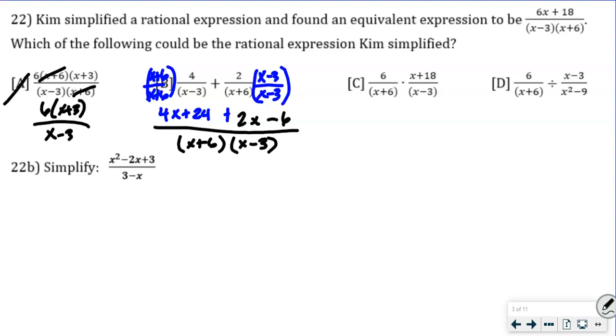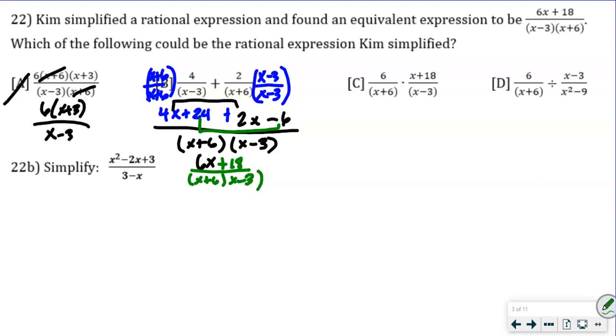Okay. So 4x plus 2x simplifies to be 6x. Then we combine our other like terms, our constants. So 24 minus 6 is actually plus 18, and that is over x plus 6, x minus 3.